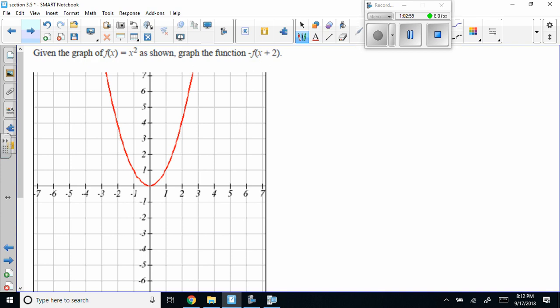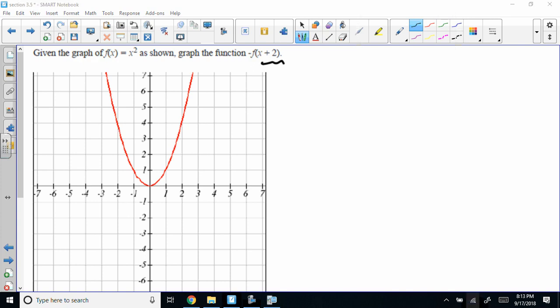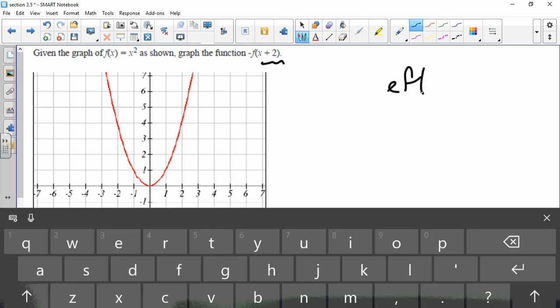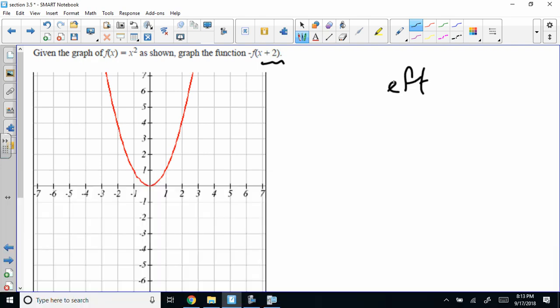Anyway, let's look at this one. Given the graph of f(x) equals x squared as shown, graph the function negative f of x plus 2, right? So let's look at our transformations. First off, what is the x plus 2 doing to it? It's going left how many? 2, correct.